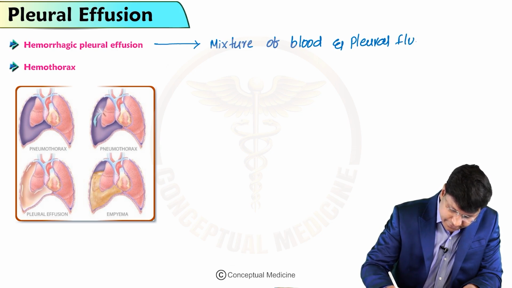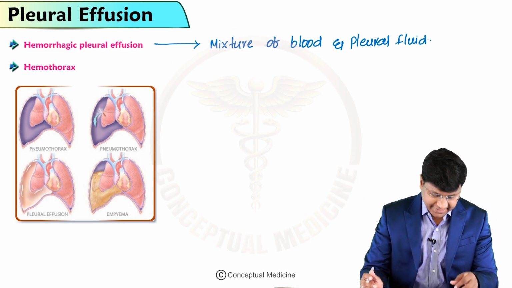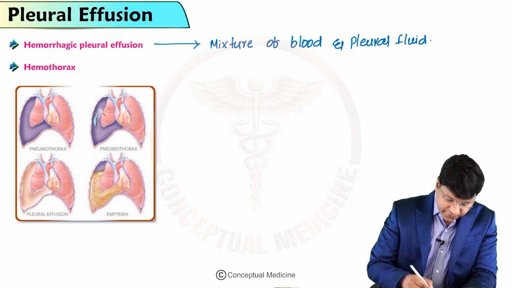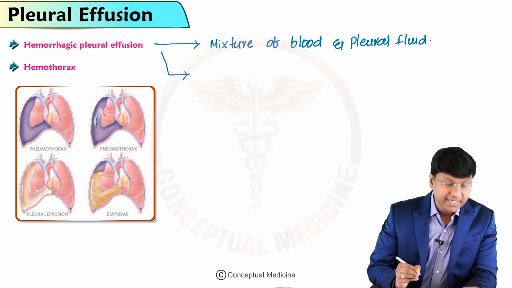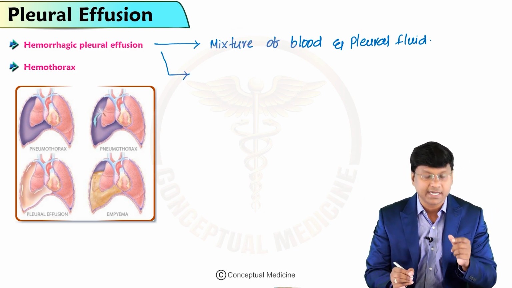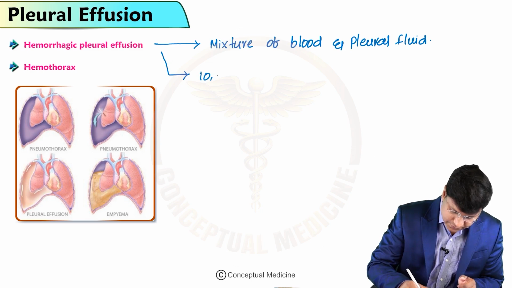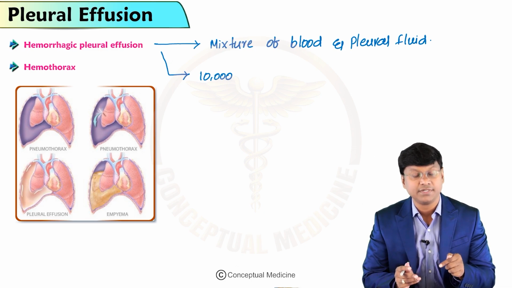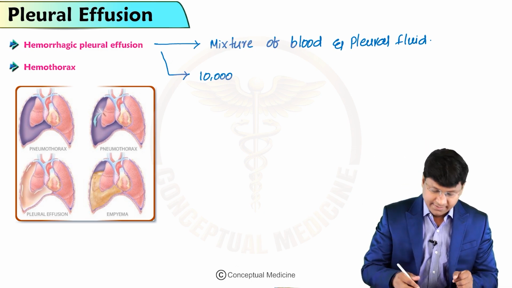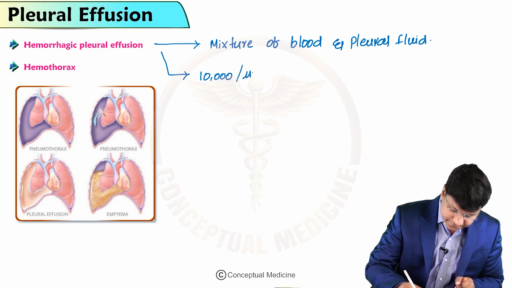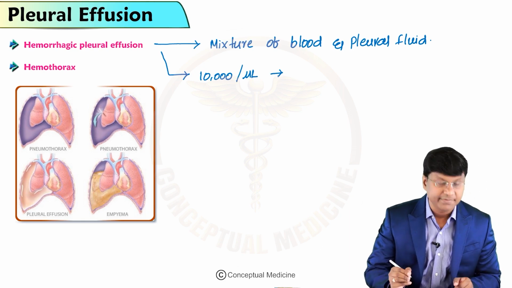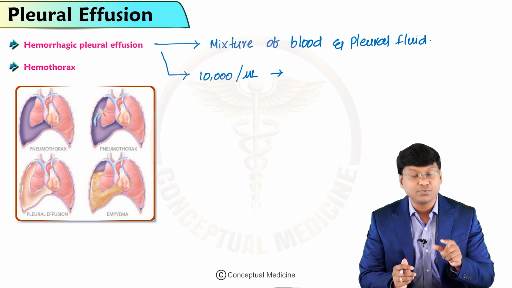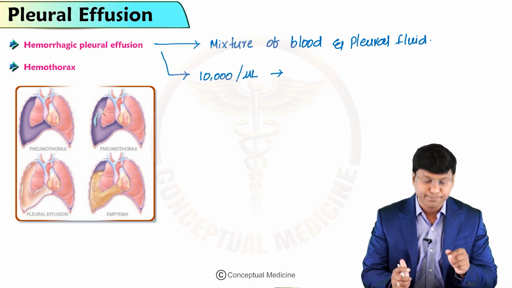Now, if the number of RBCs is around 10,000 red cells per microliter, that will create a blood tinged pleural fluid.